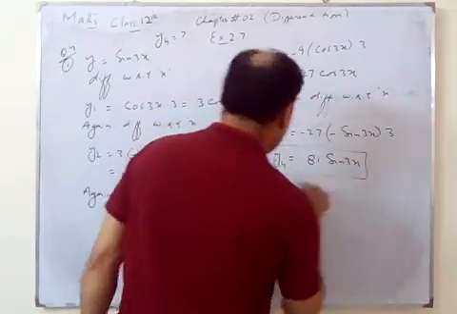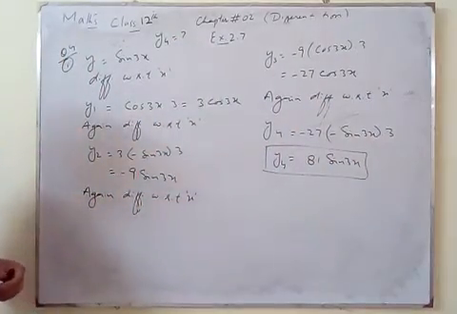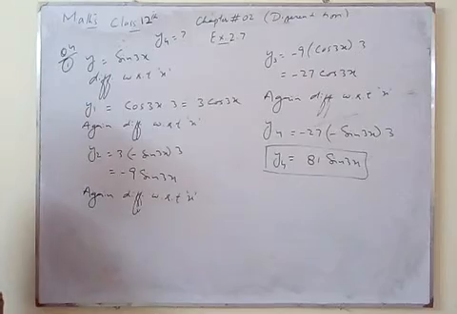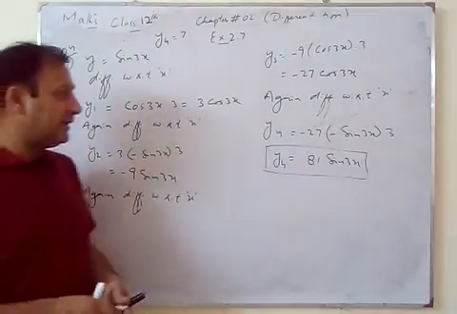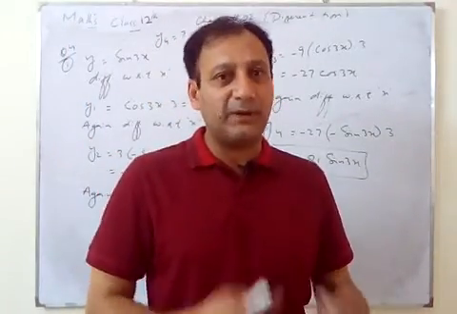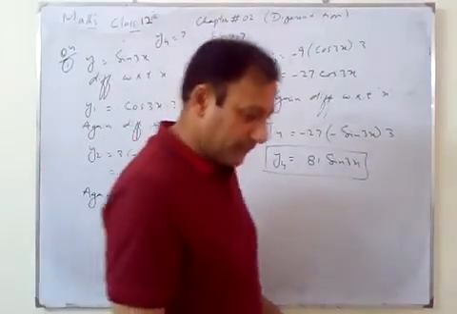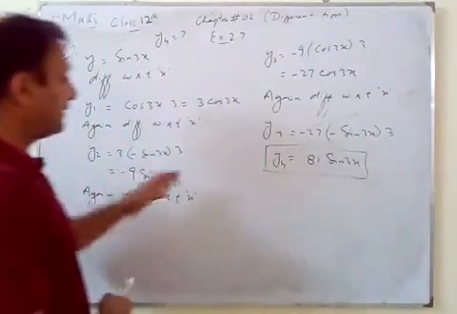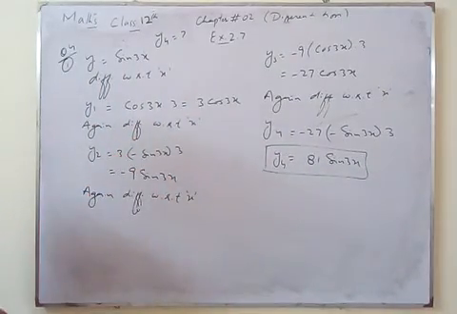So this is the fourth derivative of sine 3x. This is the way, the same method. We have to take the derivative one by one. So this is how to take the fourth derivative.